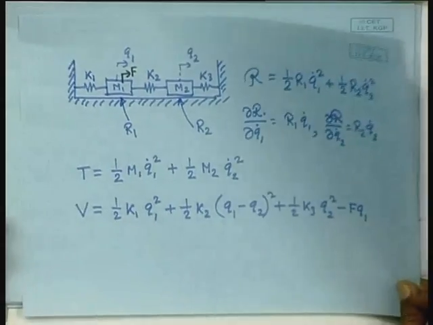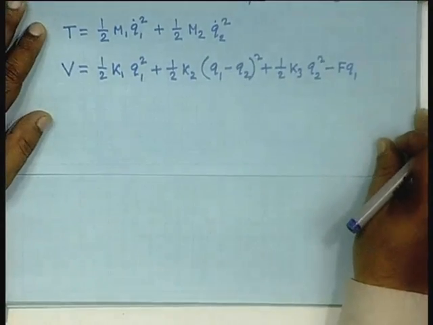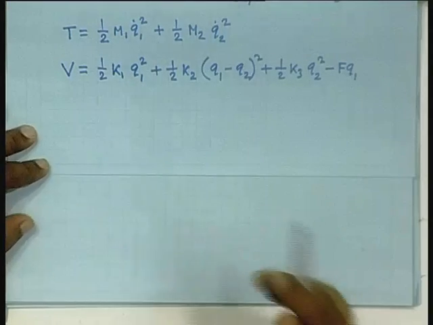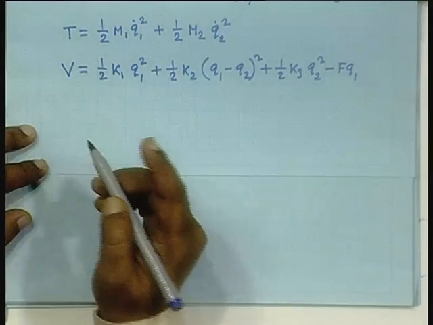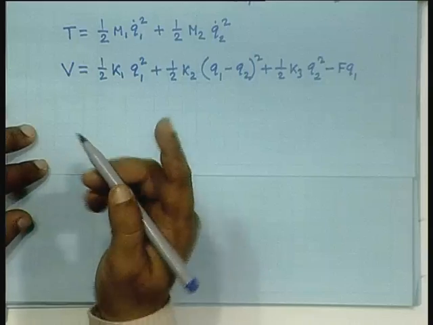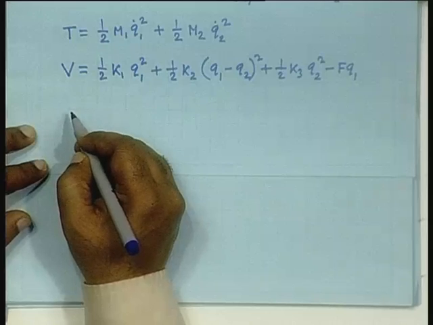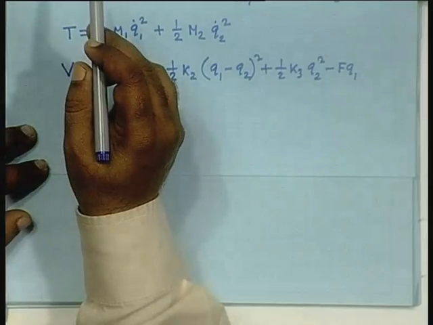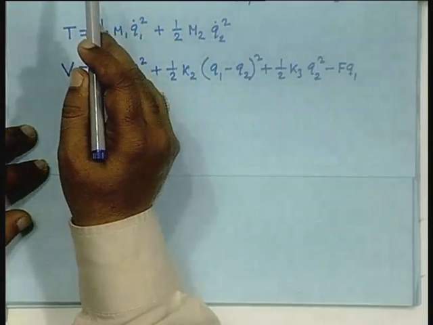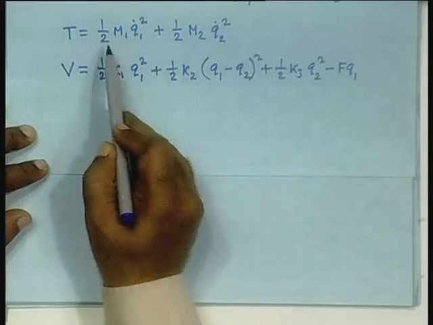Is it visible? Yes. In the q1 direction, the Lagrangian differentiated with respect to q1 dot will be only this.